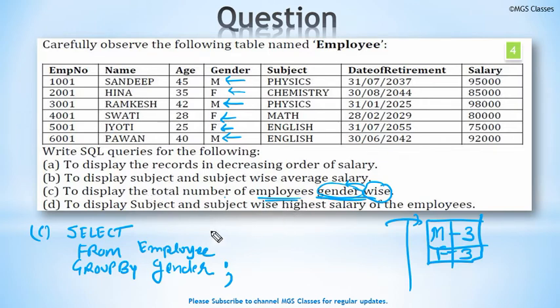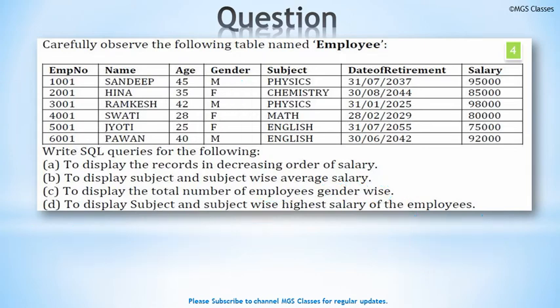The total number of employees. So we can write: gender, comma, count star. The query is select gender, count(*) from employee group by gender. That will give you output like this: male having 3 employees and female having 3 employees. So it is very simple. You can write the answer of this C query like this.